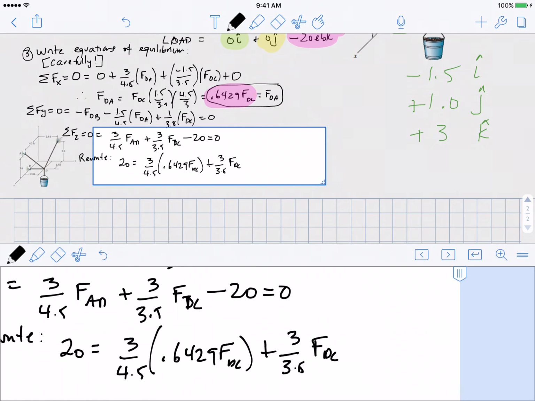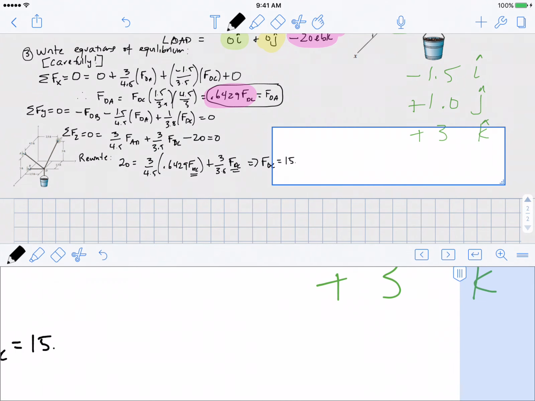So now I have only one unknown in this equation, and I can use this to work out that FDC equals 15.56 pounds, or FDC equals 15.6 pounds.